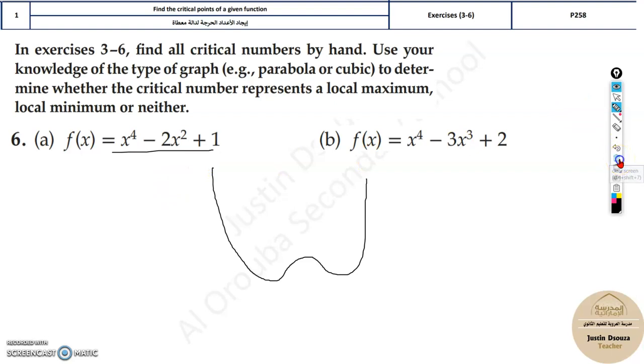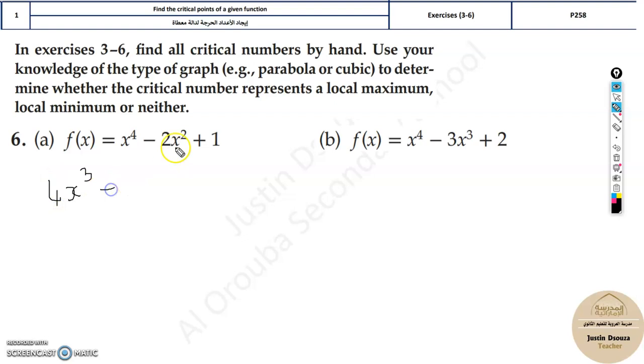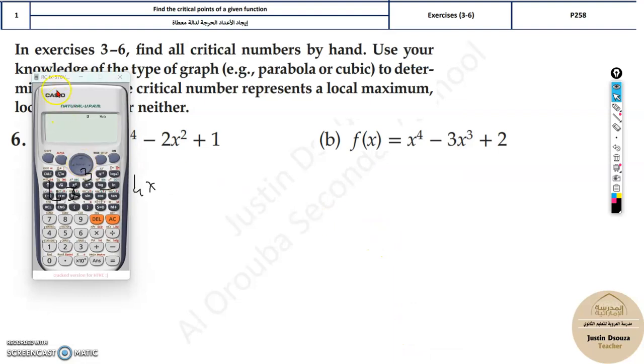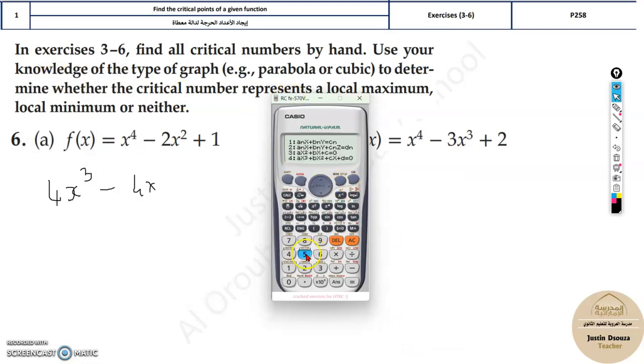Now, I will do a method over here. First, you need to derive this. That will be 4x to the power 3 minus 4x. Then you need to solve this. You can solve it in various methods. One of the methods would be by the calculator, that is mode 5 and then option number 4.